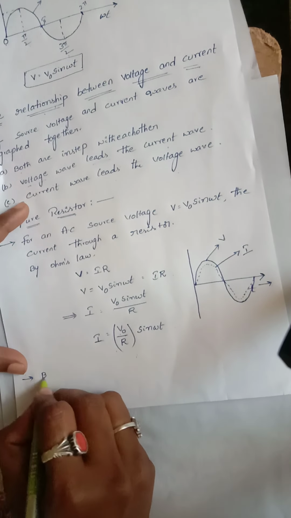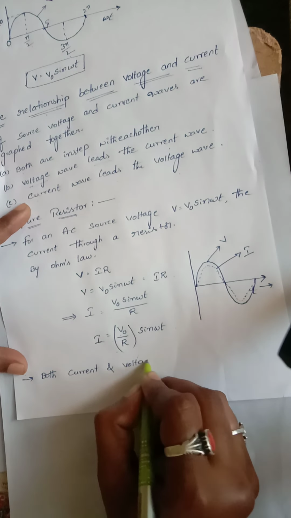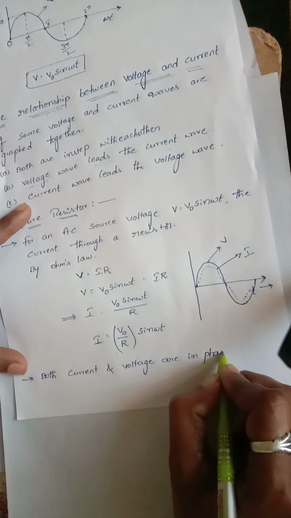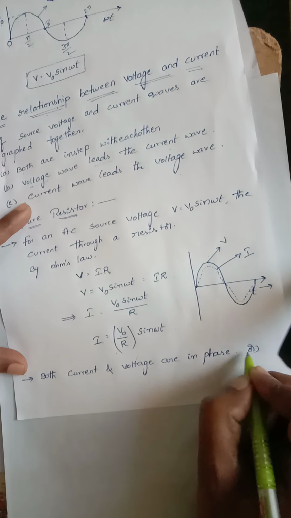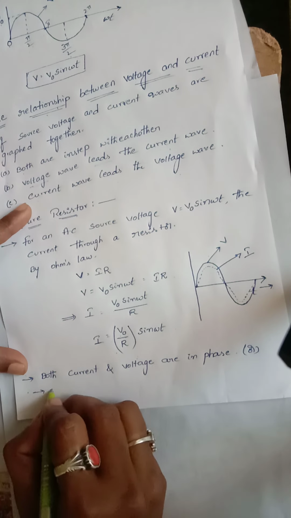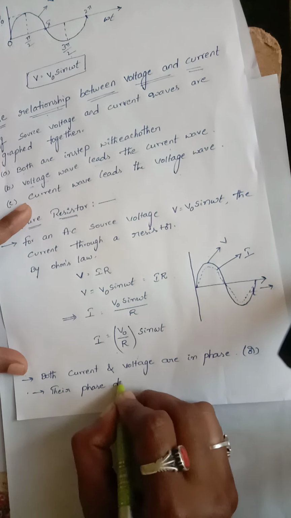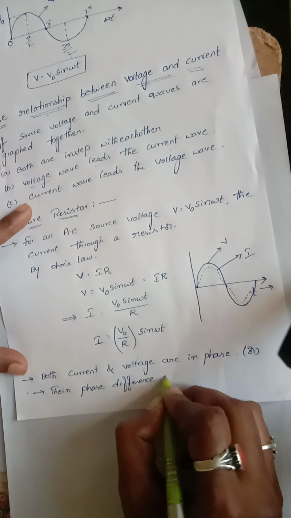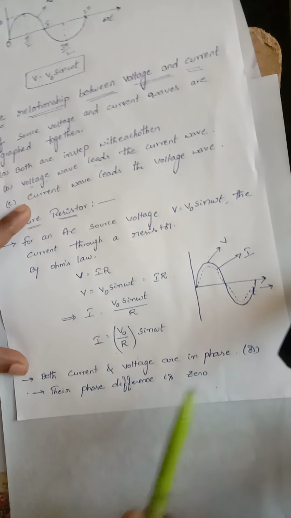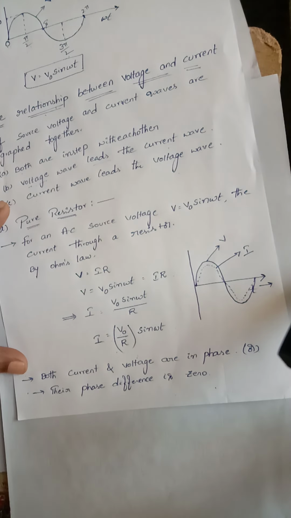Both current and voltage are in phase, or we can state that their phase difference is 0. That means the phase difference between voltage and current is 0 when a pure resistor is connected to an AC voltage source.